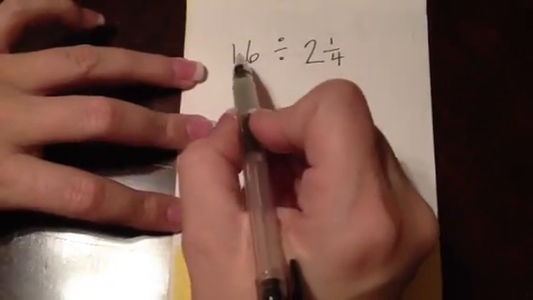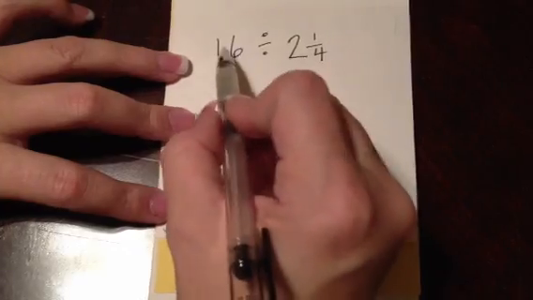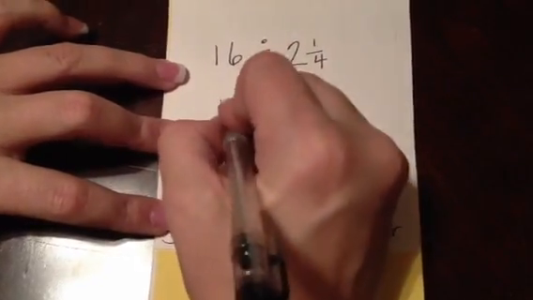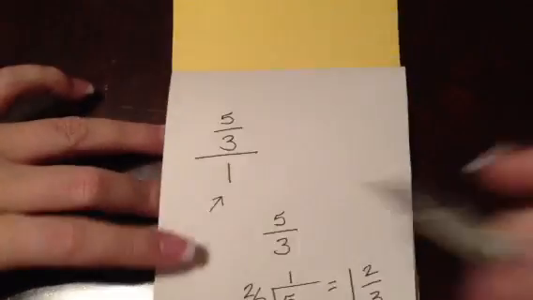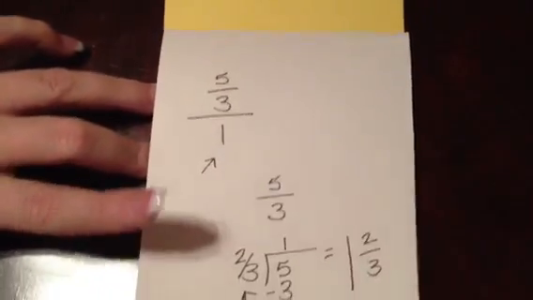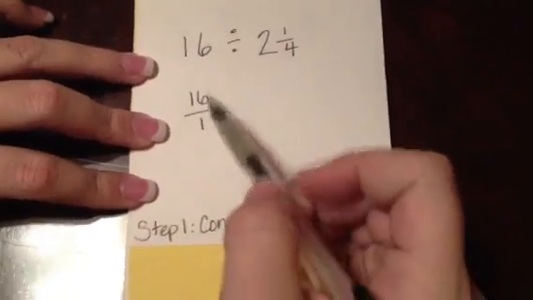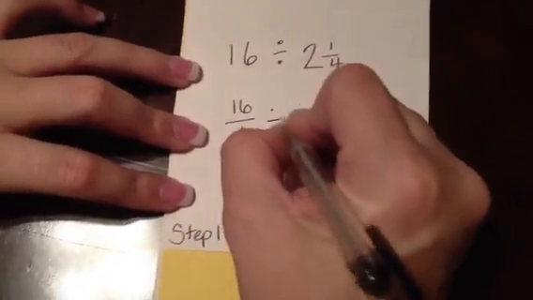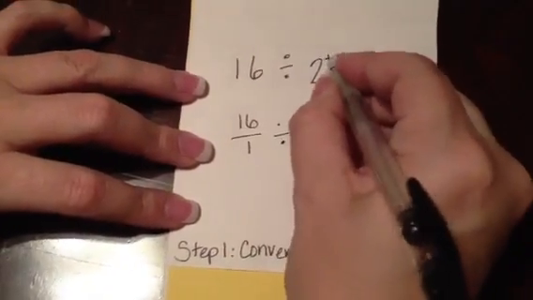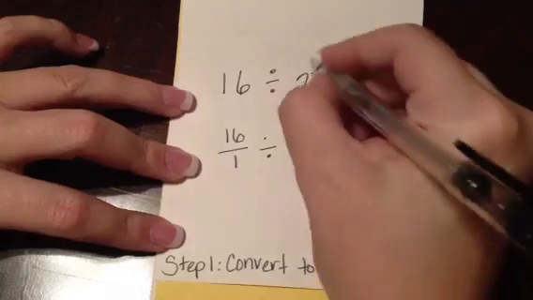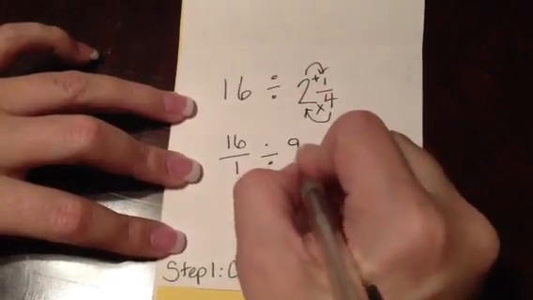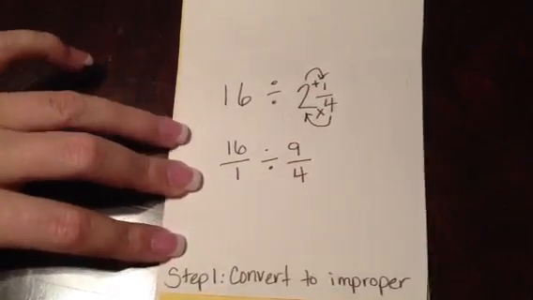Now remember, same thing with adding and subtracting and multiplying: all whole numbers can go over 1. Just like a minute ago, our over 1, the 1 just disappeared and we were left with 5/3. Well, we made it reappear by putting our whole number over 1. And we're going to have to do Texas to our mixed number. 4 times 2 makes 8, plus 1 makes 9/4.